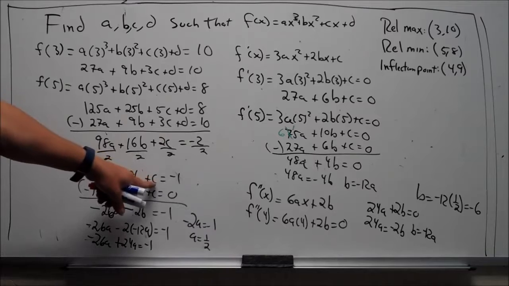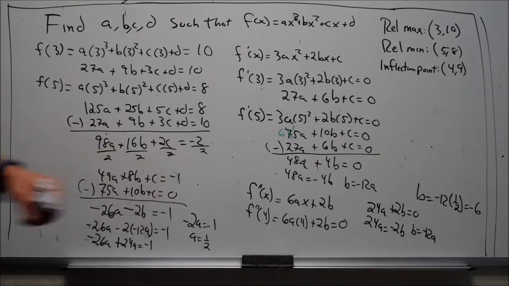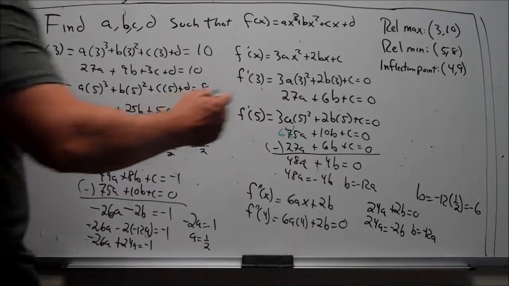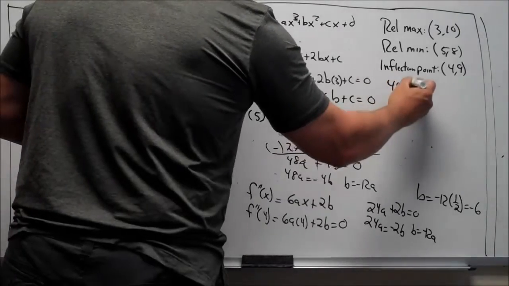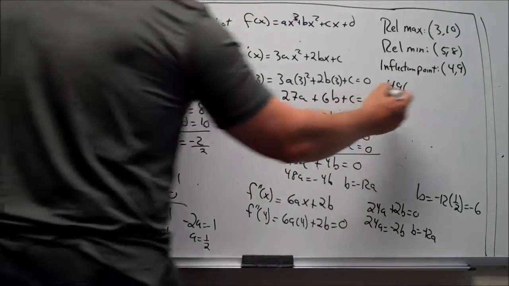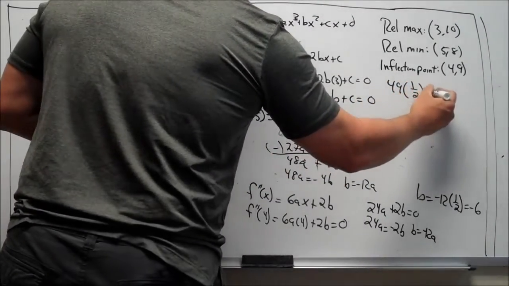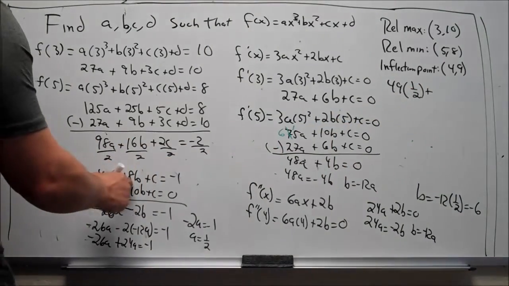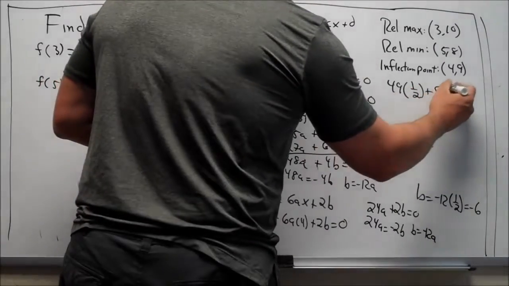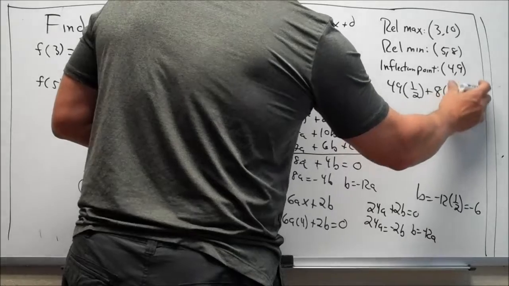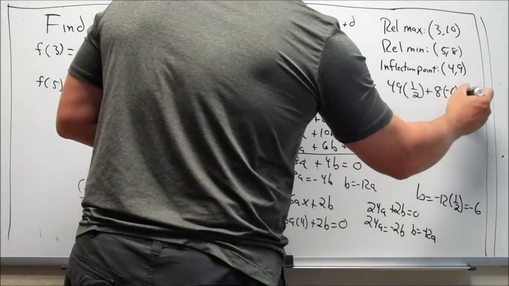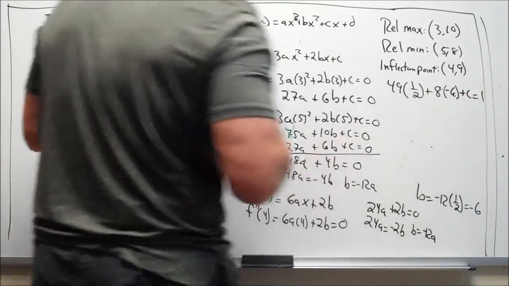To get c, we can just plug in to that. 49 times our a, which is 1/2, plus 8 times b, which is negative 6, plus c equals negative 1.